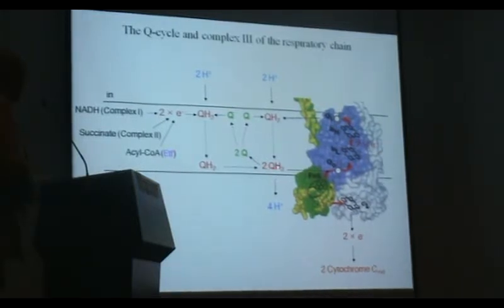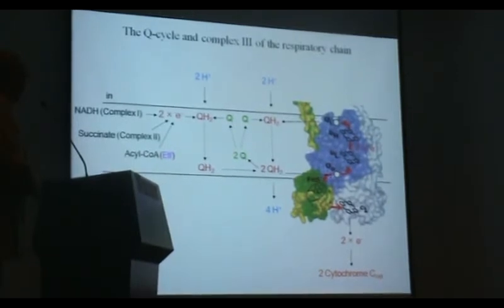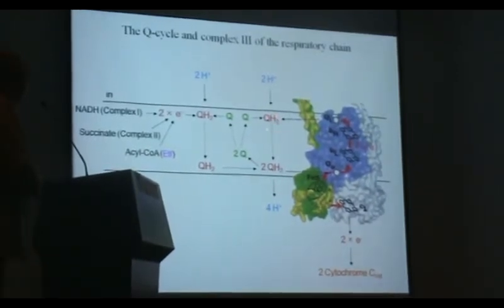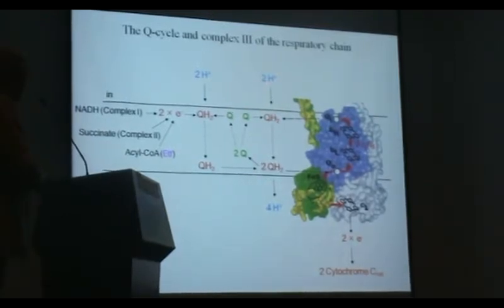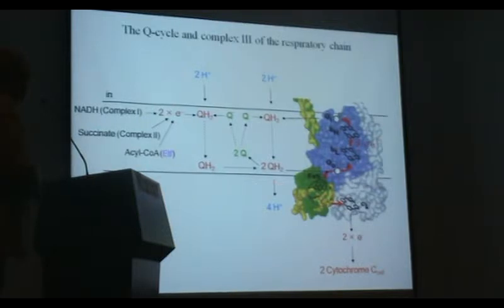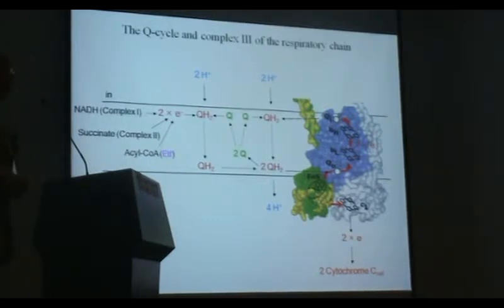And this is repeated by the second quinone, and so we get an extra ubiquinol, and thereby 2 protons are taken up from the inside, and the oxidation of 2 quinols at the outside yields 4 protons. So the efficiency of the Q cycle is doubled just by this electron bifurcation.